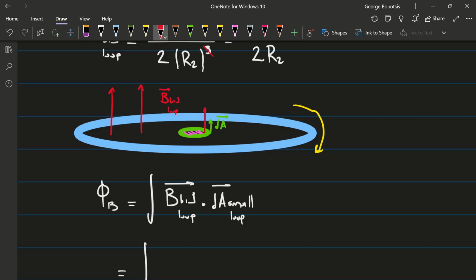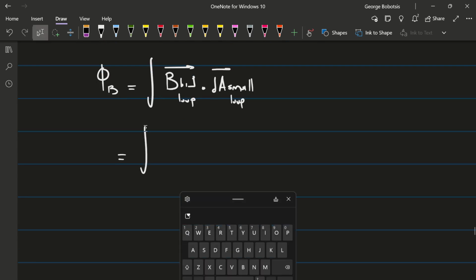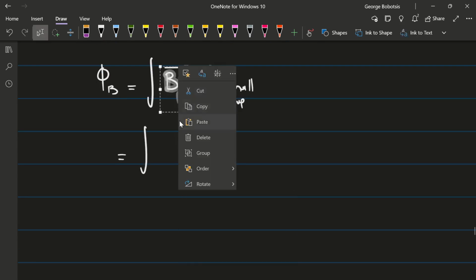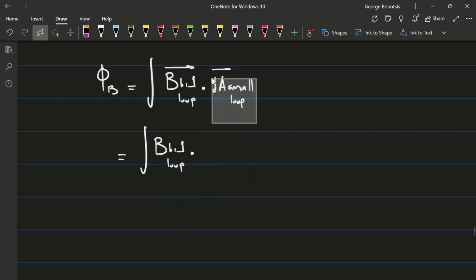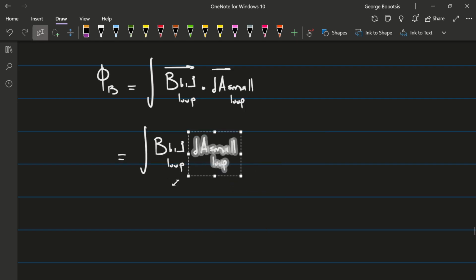I only want the flux through the small guy, so I'm going to bound my integral to reflect that. I only want the flux through the green region. And once again, the dA of the small loop is parallel with the magnetic field, meaning that this dot product goes away, and you just have the B of the big loop and the dA of the small loop multiplying each other, no dot product. So what are these guys?